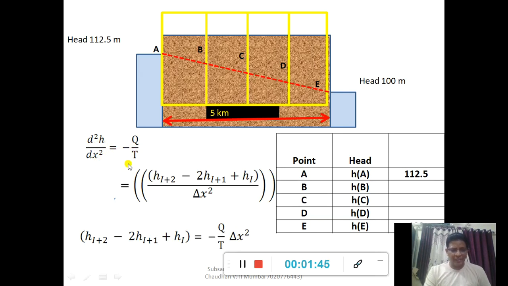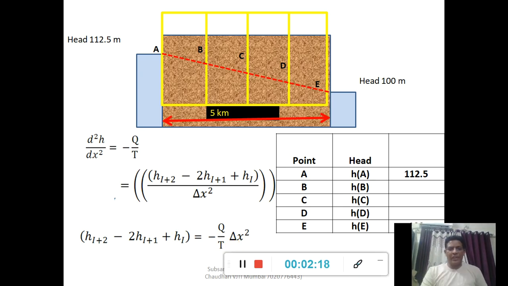So here in a linear form, d²h/dx² at i equals h(i+2) - 2 times h(i+1) + h(i), equals -q/T times Δx². So you can use the values of q, T and Δx.